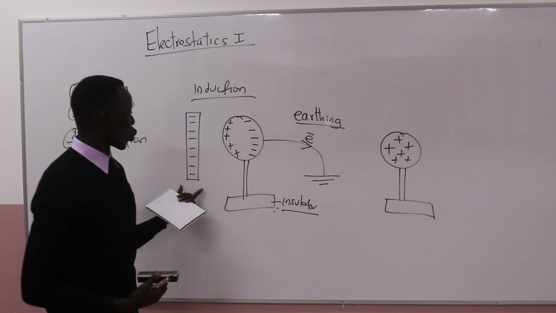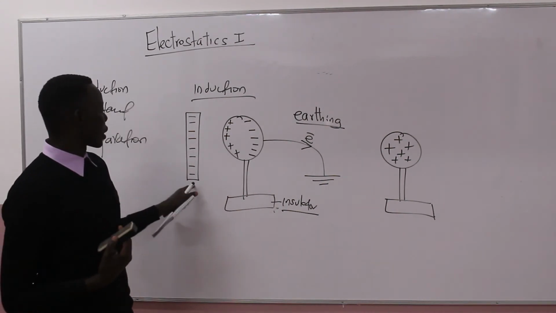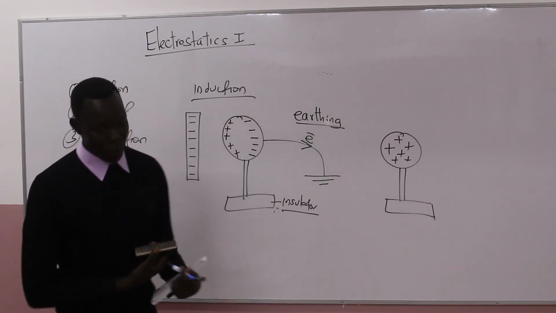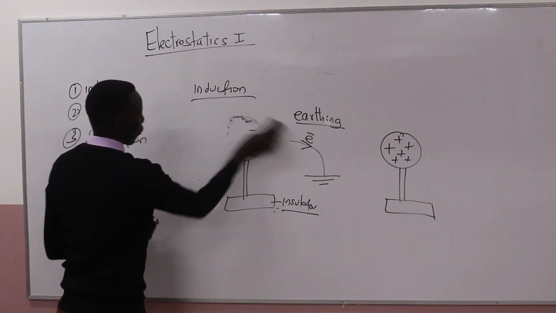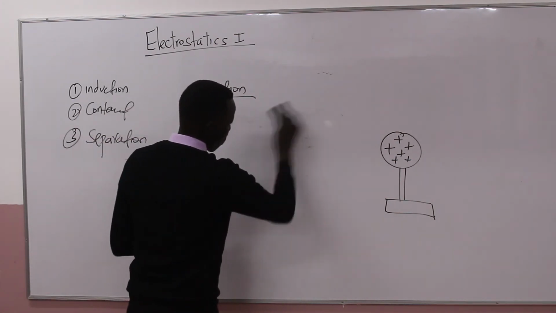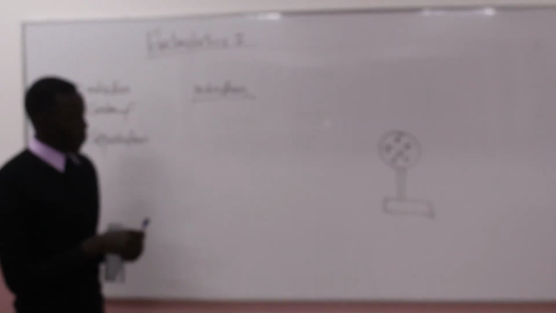So you need to know, if, for example, I use a positively charged rod, I will obtain a negative one. Let me again explain that. You simply follow the process and understand each step. Now, this is the polystyrene ball.